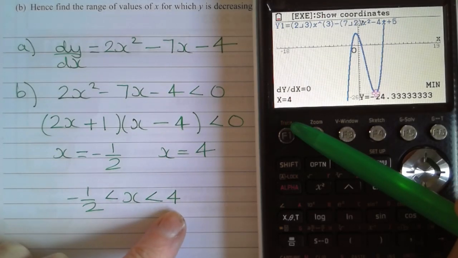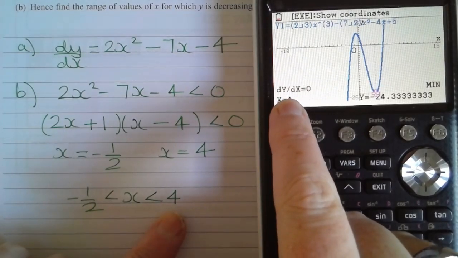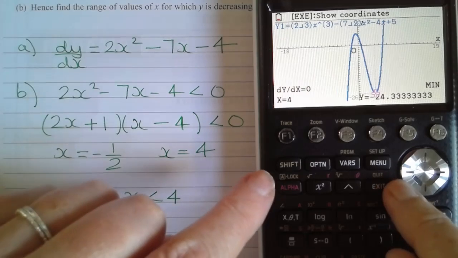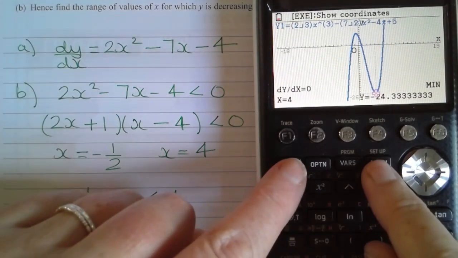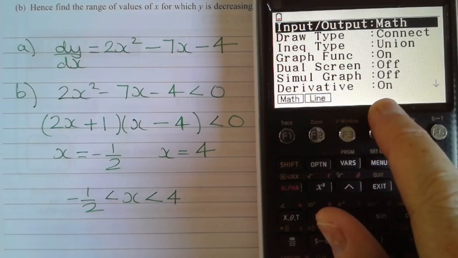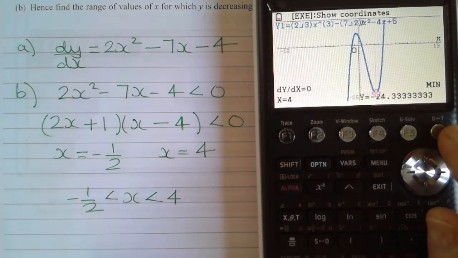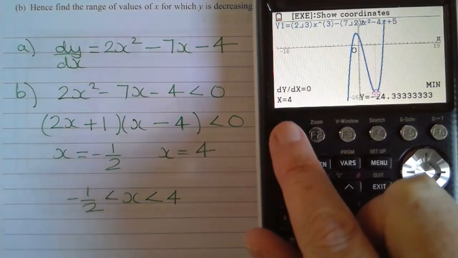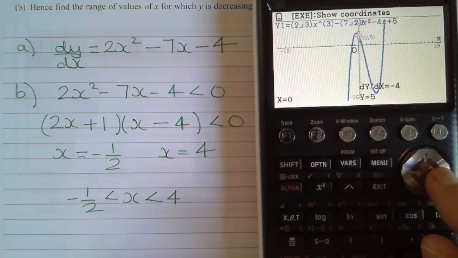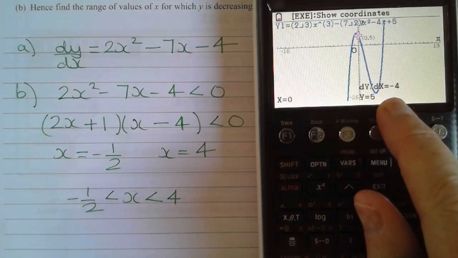Now, if you really want to be sure, you'll notice that I've got derivative on here. Now, if you don't have that on, I really recommend just having it on all the time. So to put it on, we do Shift, Setup, and then go down and turn derivative on. And then, let's go back. What that means is if we press Trace, remember that's the bit that just lets us move around the graphs, it tells us what the derivative is.